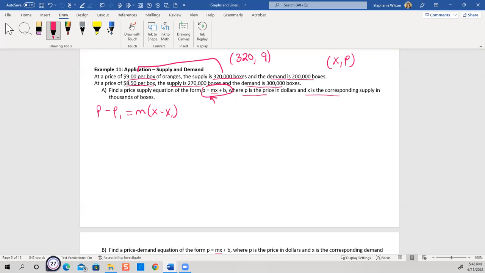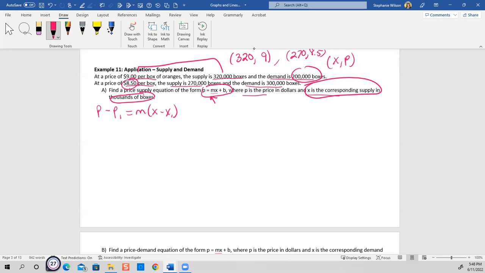The reason I did that is because it stated X is the supply in thousands of boxes, so we can drop the last 3 zeros. Just be careful with your statement. The next one tells me that we have 200,000 boxes at 8.5, so I have another ordered pair of (270, 8.5).